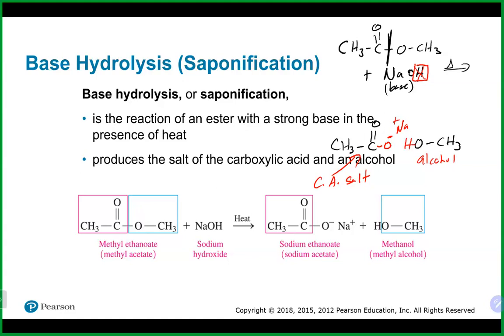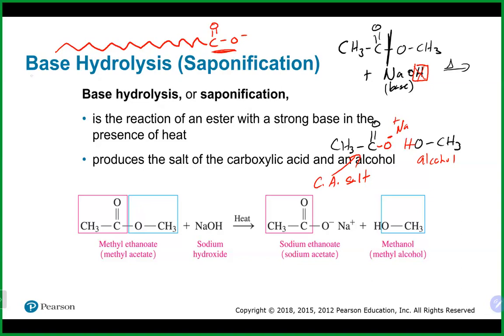This is what's referred to as saponification, because this is basically how you make soap. So soap is made through this process using some type of fatty acid, which has a super long carbon chain. At the end of this reaction, you end up with a really long molecule of carbons and hydrogens and this salt part at the end.